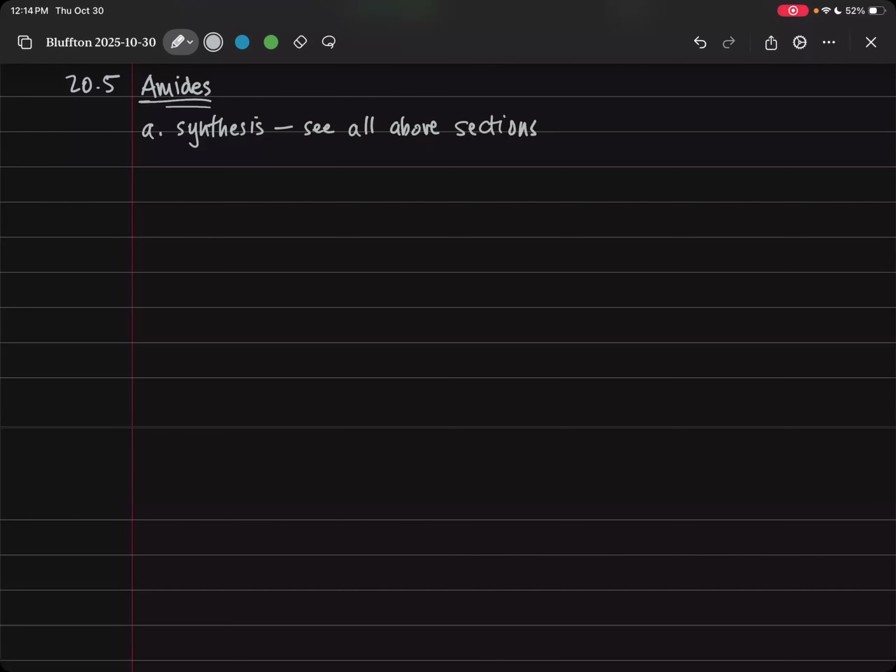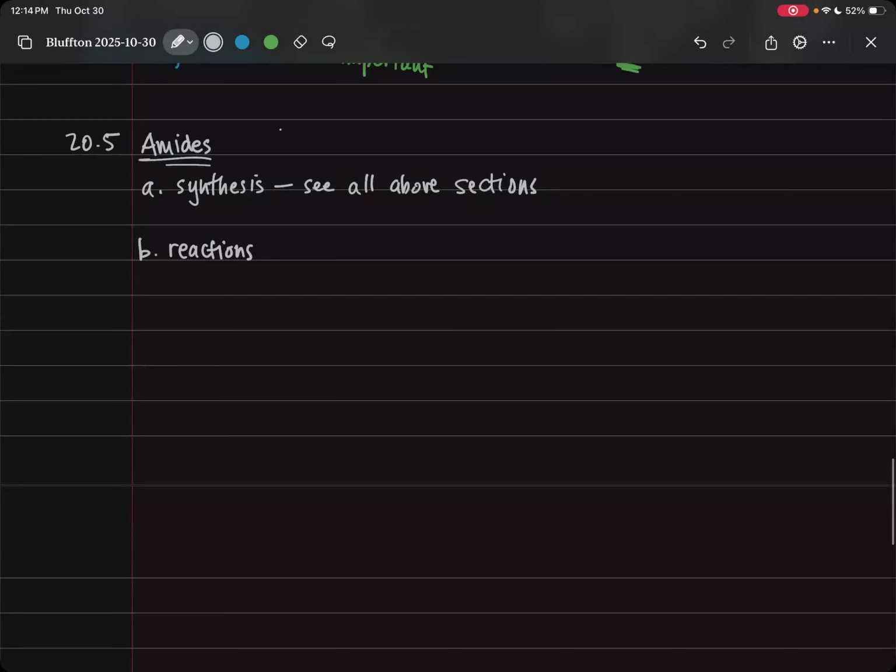For all of the functional groups we've talked about, there's been a way to make an amide from that other functional group. So we're already done with that part. But let's talk about reactions of amides.